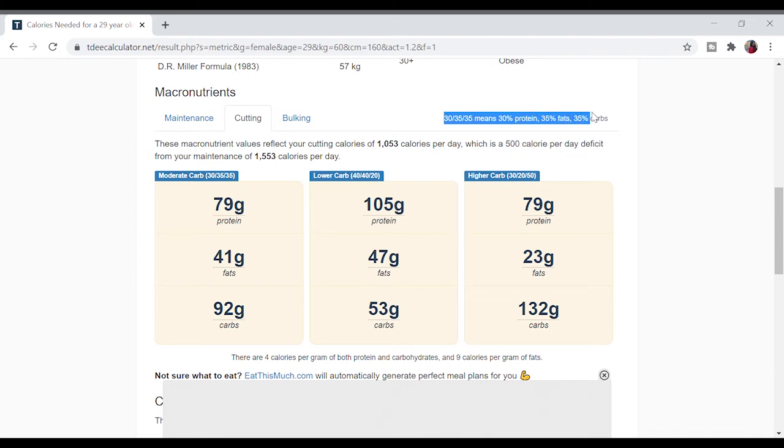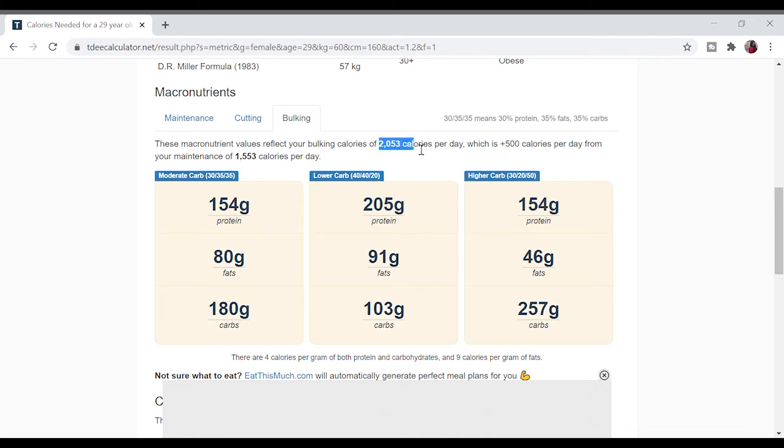But this should be the combination, like 30% of protein, 35% of fat and 35% of carbs. That's the ideal. Now, if you're looking for bulking, it means if you want to gain weight, then if you add 500 calories, you're going to increase your weight at the rate of 1 to 1.5 kgs if you eat in surplus, which is like 2000 calories per day.